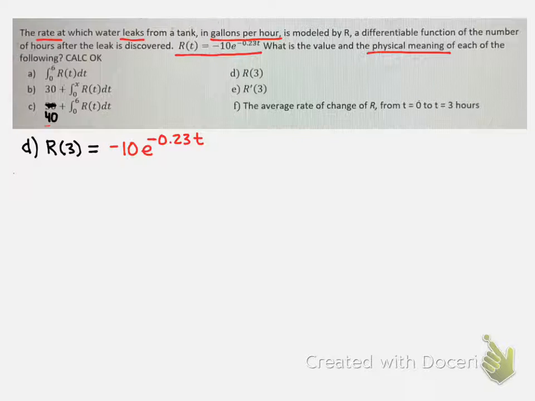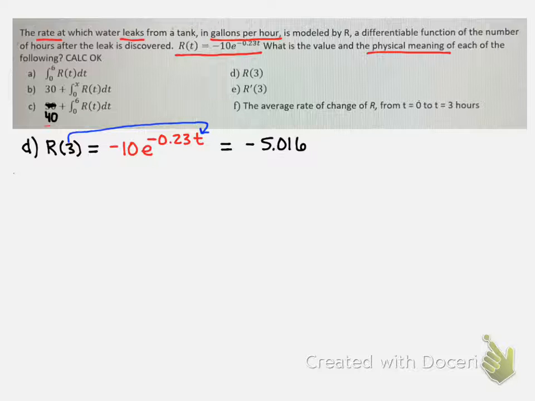How would you actually calculate it? Because you've been given R as this rate, you're just going to substitute 3 in for the time, and the value is negative 5.016. What are the units?